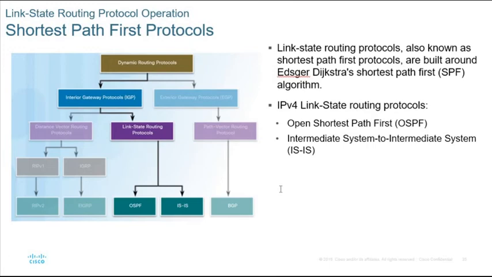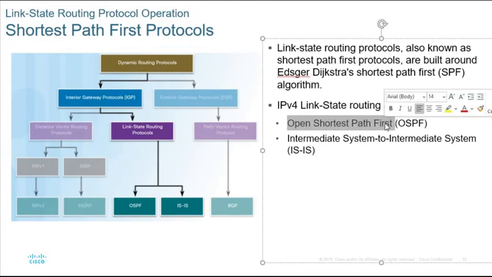We all know that link state routing protocols are also known as shortest path first protocols. Its algorithm is built around Edsger Dijkstra, so we call it the Dijkstra SPF algorithm. OSPF stands for Open Shortest Path First.